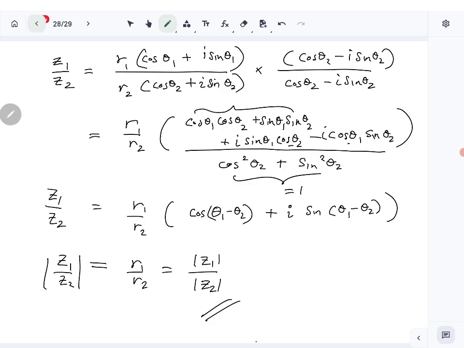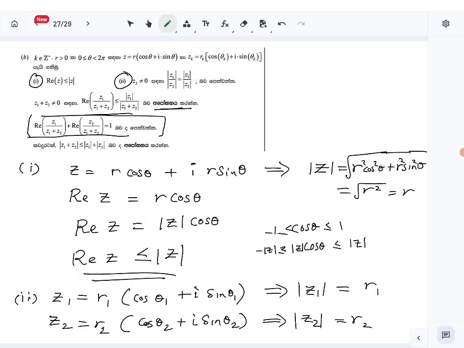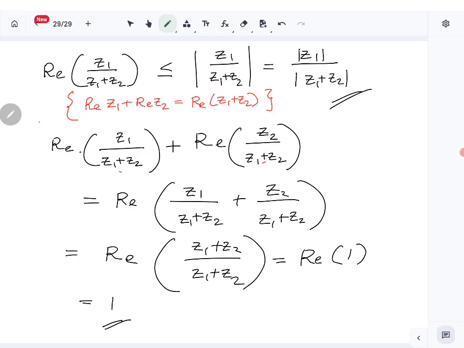Then what is the next one? Right, hence show this is true, right? You have to use this one to do that. We know this, no, and we know this result, so we'll use both of them to get it.